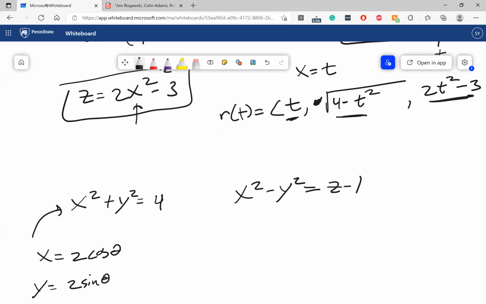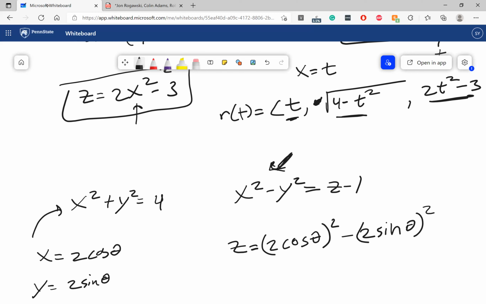I just plug them in and I get 4 in the end. So this is fine. I can take this for my x and my y. But once I have that, what can I do in order to find my z? I can just plug my x and my y into here. So I'm going to get that z is equal to (2 cosine of theta) squared minus (2 sine theta) squared plus 1.